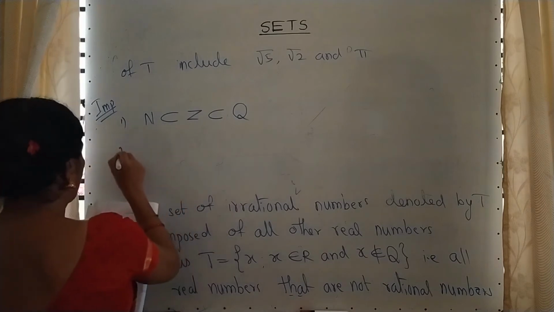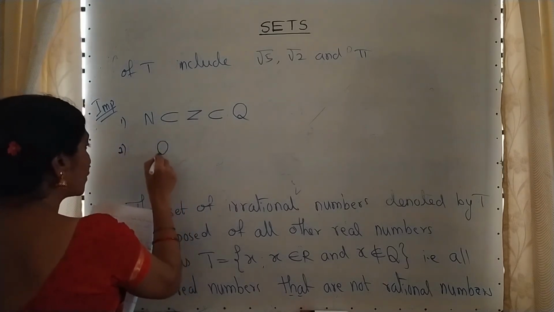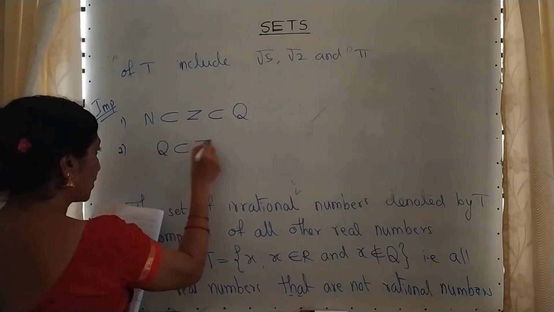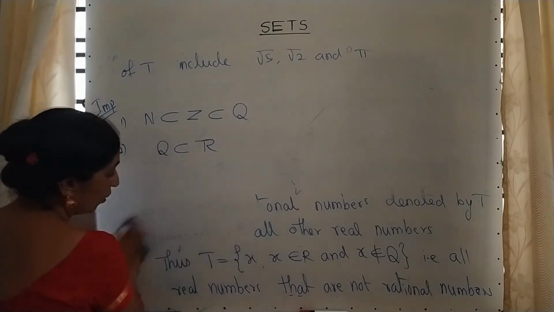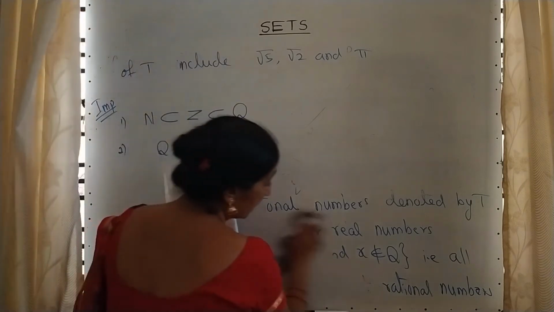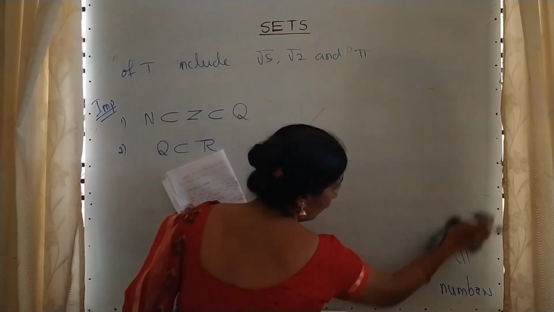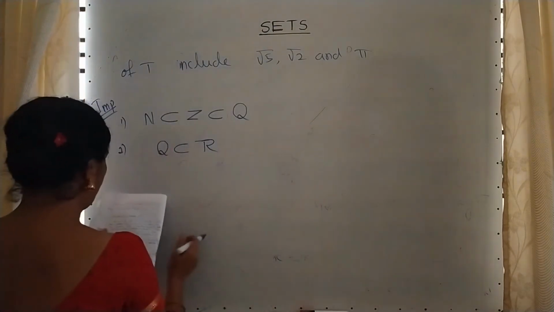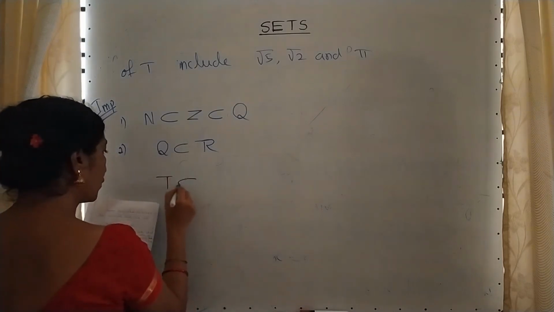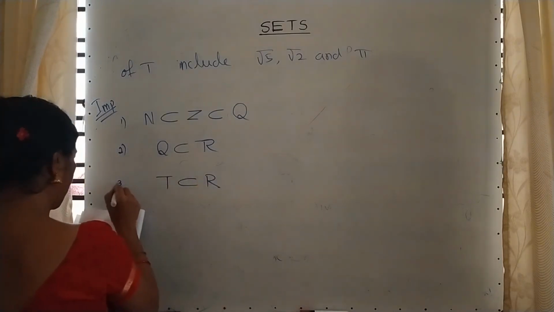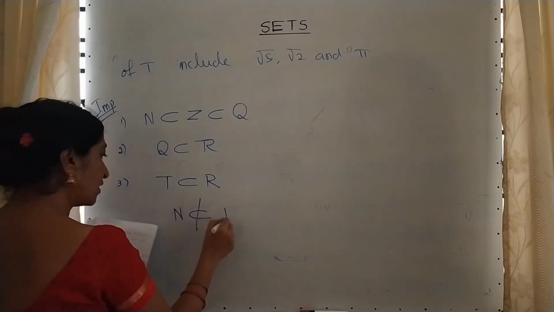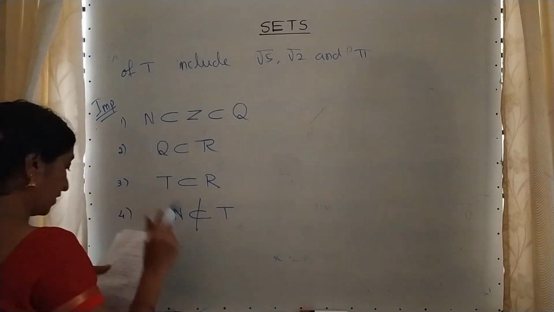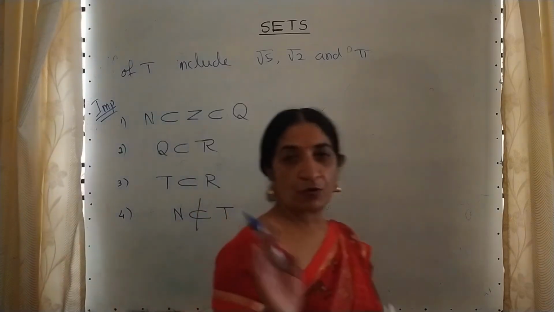Second, rational numbers are a subset of real numbers, because real numbers are the biggest set, a union of rational and irrational. And irrational is also a subset of real numbers. But the set of natural numbers is not a subset of irrational numbers. This is very important. You have to note that down.